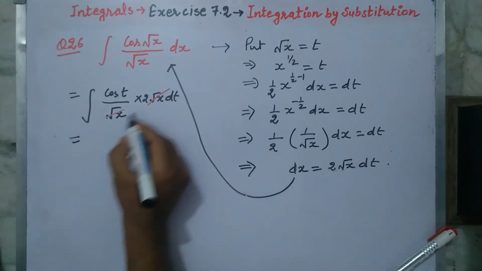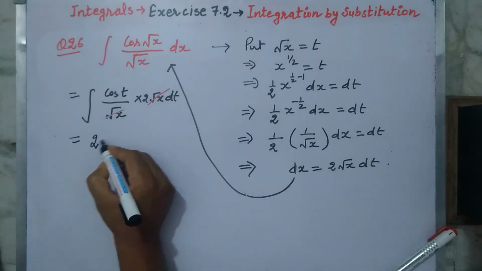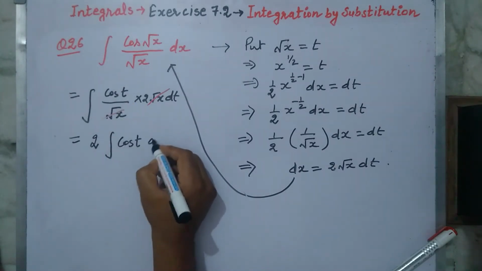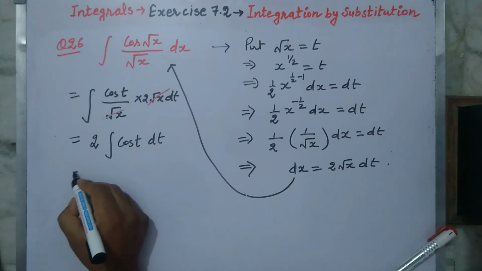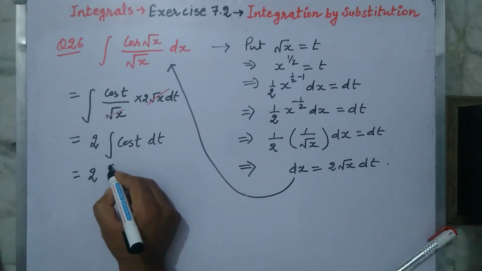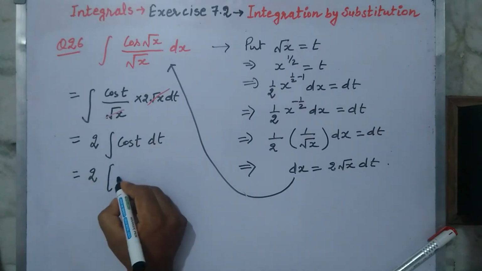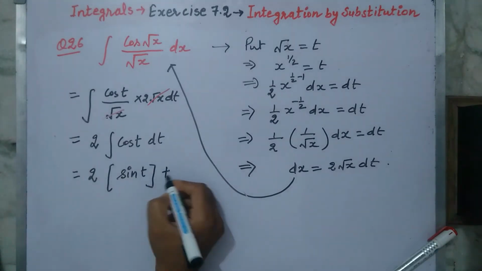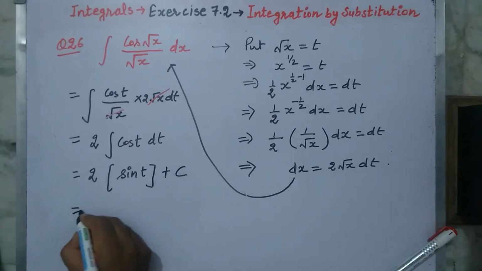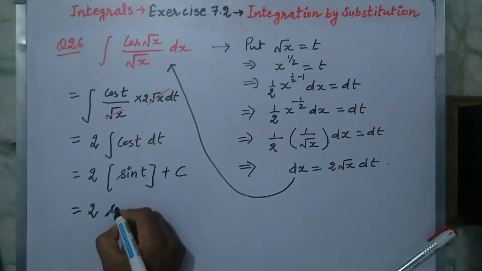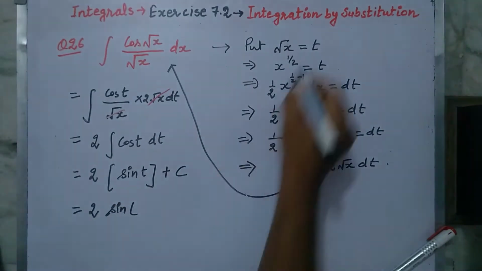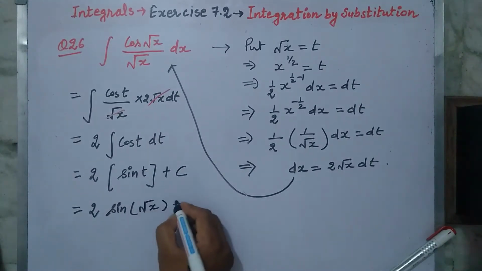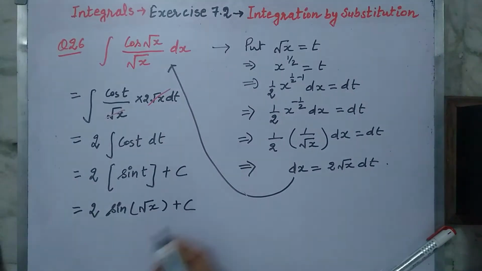We are left with 2, taking this outside, cos of t into dt. This is equal to 2 times the integration of cos t, which is sine of t plus c, the constant of integration. Now 2 sine of what is t? t is square root of x, plus c. So this is the final answer.